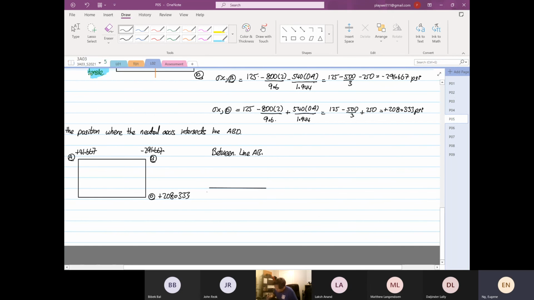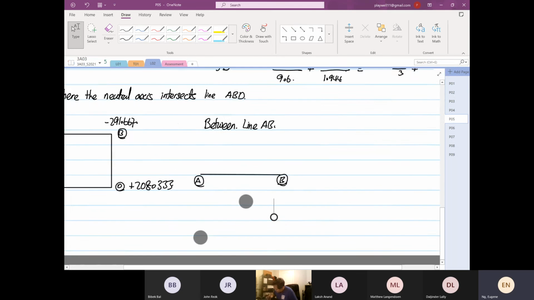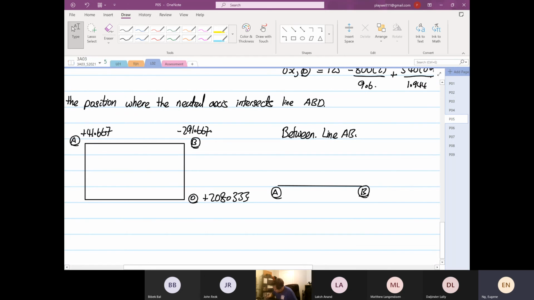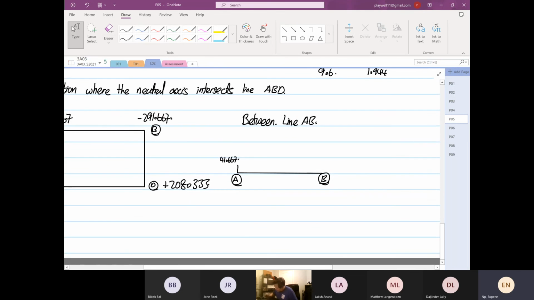So this is point A, this is point B, and we are aware that at one end you have 41. I'm just eyeballing that this is 41.667, and then at the other end, at point B, it comes down over here to 291.667. Again, this is a sketch of the stress distribution.